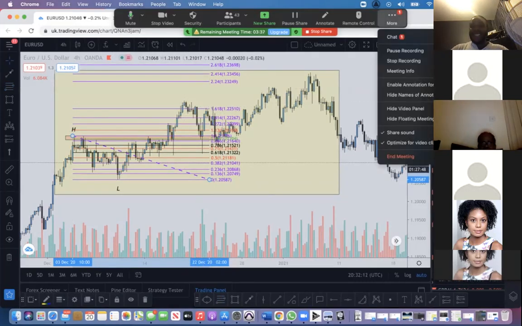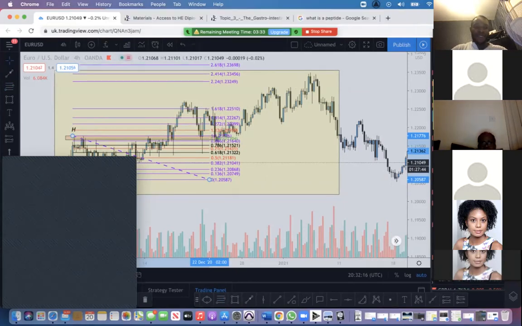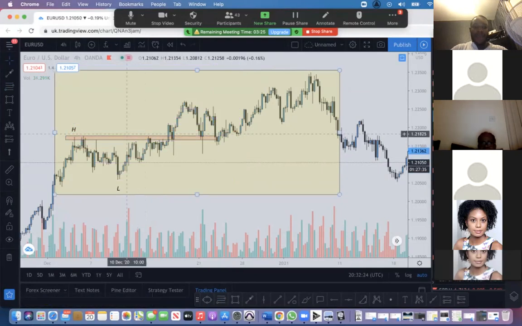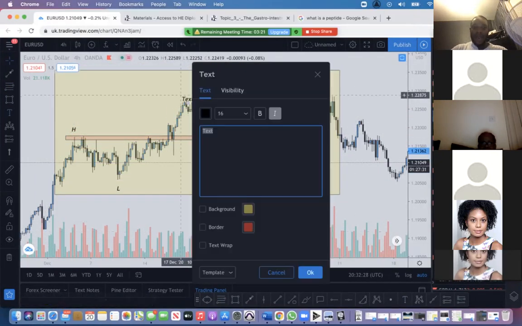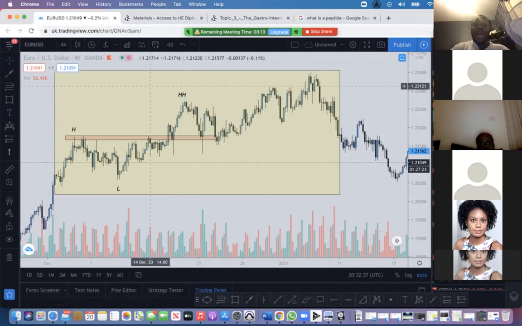I'm not guessing this. It's just the structure of the market. 1.618. And it's the zone that we're talking about. Now, if I mark this area, this is now going to be my higher high. And how would I know if this is truly a higher high?